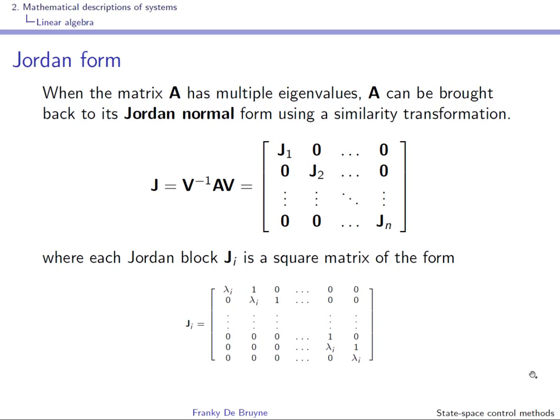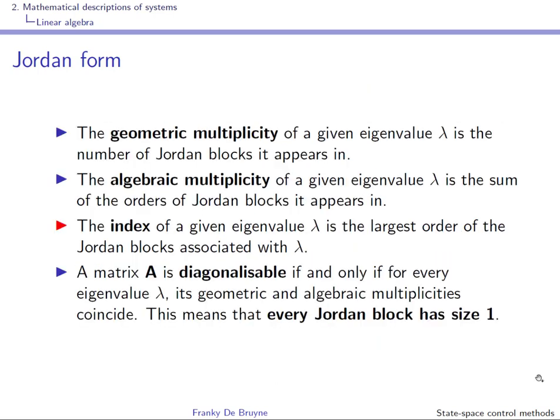We'll see later in the course how those Jordan blocks appear in state space descriptions of systems. In the exercises and at the time of the exam, I don't expect you to be able to bring a matrix A into its Jordan normal form. We will only work with matrices that can be diagonalized. In the Jordan form, the geometric multiplicity of a given eigenvalue is the number of Jordan blocks it appears in.